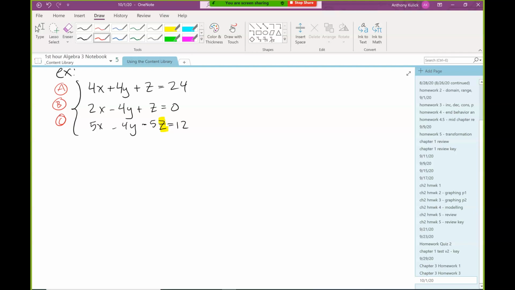By that same token, you could have certainly chosen equation B and isolated the Z also. The same situation is going on there. Those would be the two places I would consider. But let's do what Joe had suggested. So I'm going to isolate the Z by subtracting 4x from both sides and then subtracting 4y from both sides.